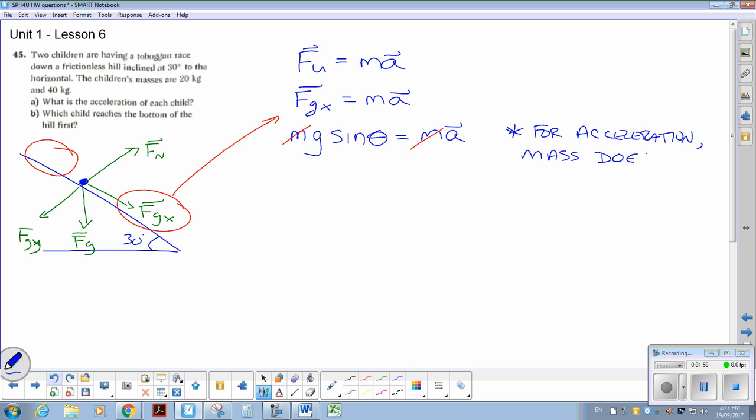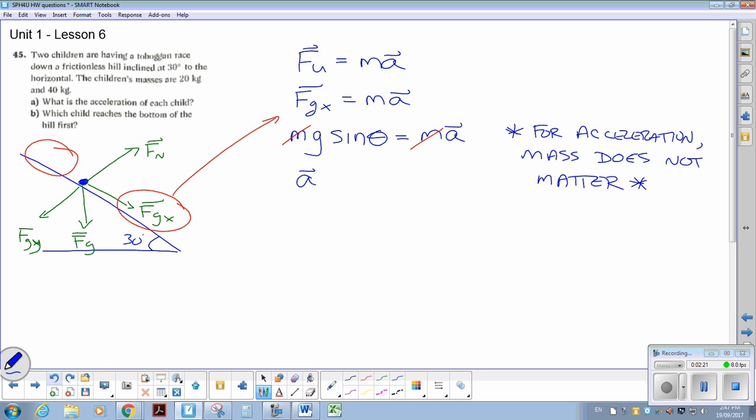So this is very similar to the concept of if you dropped an apple and a feather in a vacuum, which one lands first? The answer is they both will land at the same time because gravity acts equally on them. Same thing here with someone going down a hill. In an ideal world, which is what we're dealing with here, so no friction, mass does not matter. So both children are going to get to the bottom of the hill at the same time.